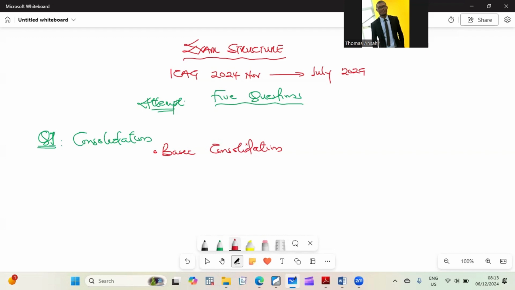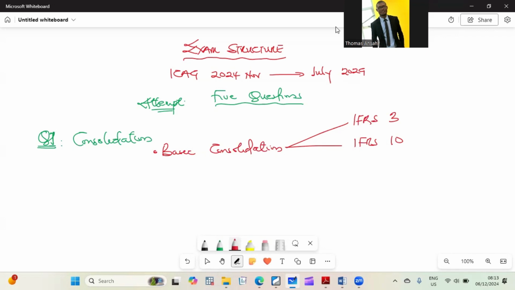Now, in the basic consolidation, you will need the applicability of standard IFRS 3. You will need IFRS 10. You will need to understand these standards, because without these standards, consolidation will be very, very difficult.